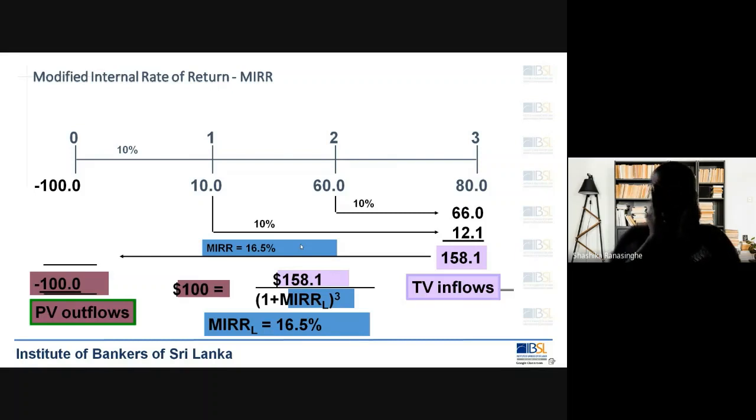To calculate MIRR, you have to take each cash flow and calculate their future values, and then discount the terminal value, and it should be equal to your investment amount. Okay, so let's get cracking on this.